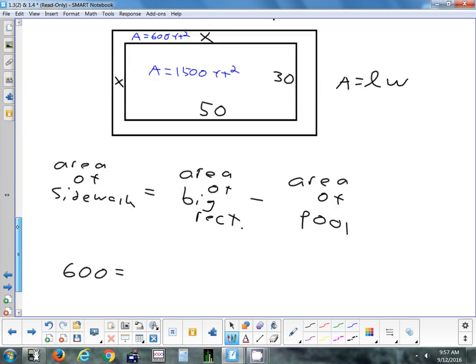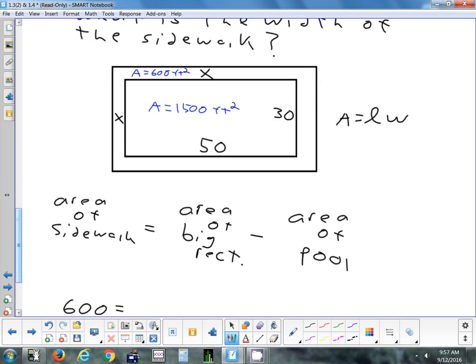Now, what's the length of the big rectangle? Well, we don't know a number, but we do know something. There is a way to write it down. The length would be 2x plus 50.